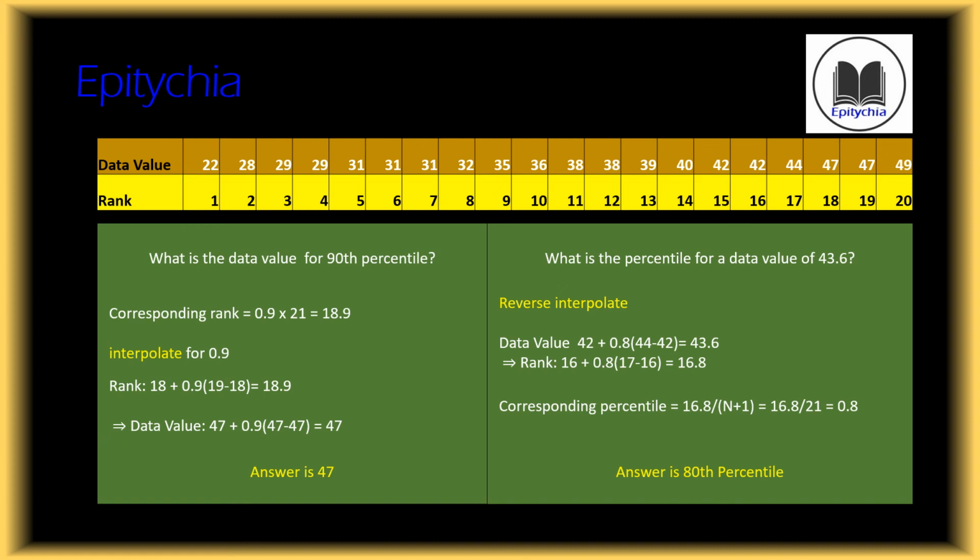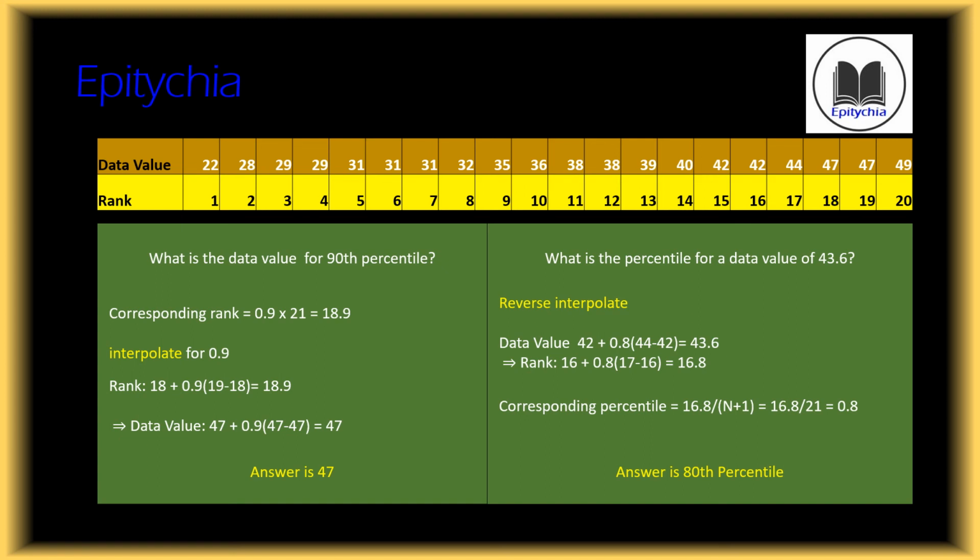So first write for the data value: 42 plus 0.8 into 44 minus 42 is equal to 43.6. So the given value 43.6 we express in terms of the data points 42 and 44. These are standard values there, 42 and 44 without fractions.